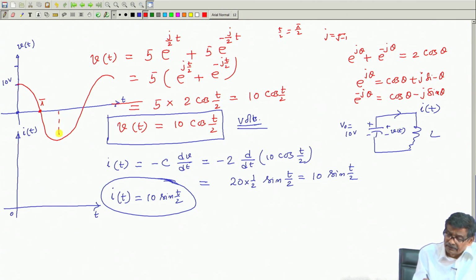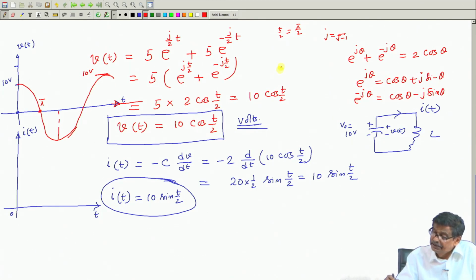You can mark this point. This is time, mind you, not theta. So, this is pi, correct. Now, the interesting point is that the peak value is 10 volt. So, capacitor voltage will oscillate like that.